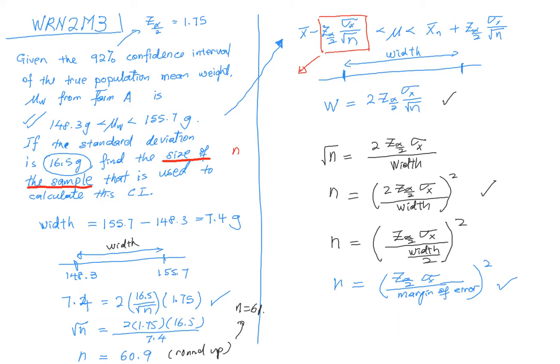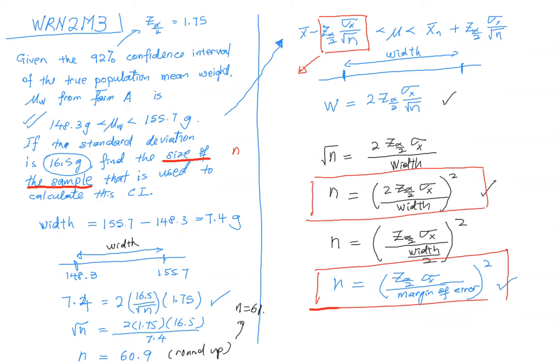So I will prefer to write down both in my notes, so that it depends on what the question gives me. All right. If the question gives me the confidence interval, I have the width, so I put it inside here. So these two formulas, I will write down in my notes and I put a note there. I must always round up.